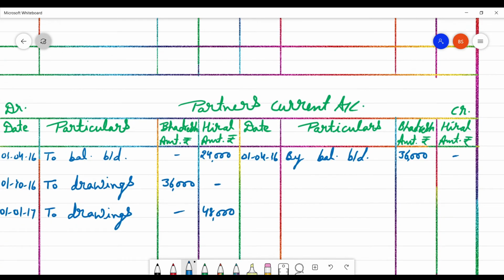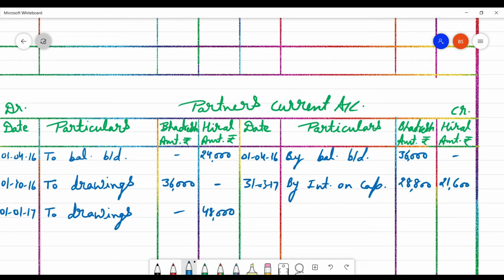Interest on capital, 31st March 2017, the last date of the financial year. By interest on capital, 2,40,000, 12 percent, it comes 28,800, and 1,80,000, 12 percent, 21,600.